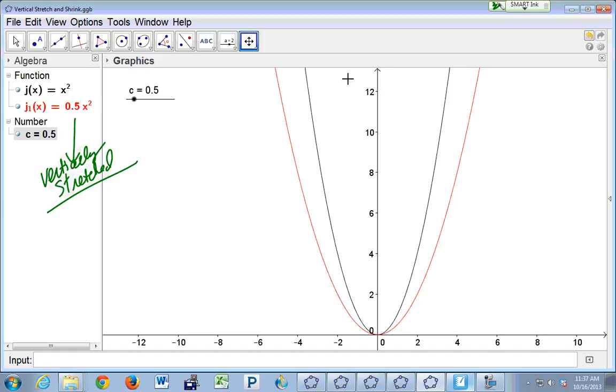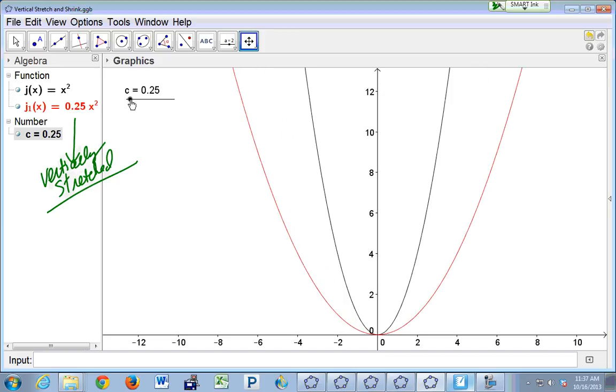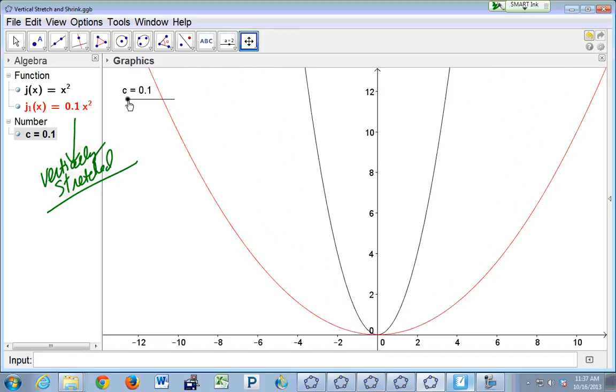So before you went up quicker, now you're rising much more slowly. As we change this to a number closer and closer to 0, that opens up and becomes wider, right?